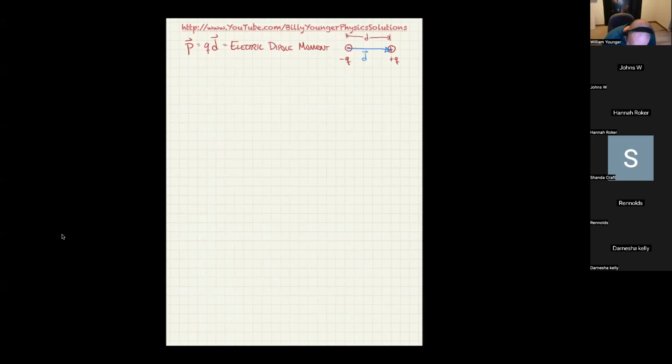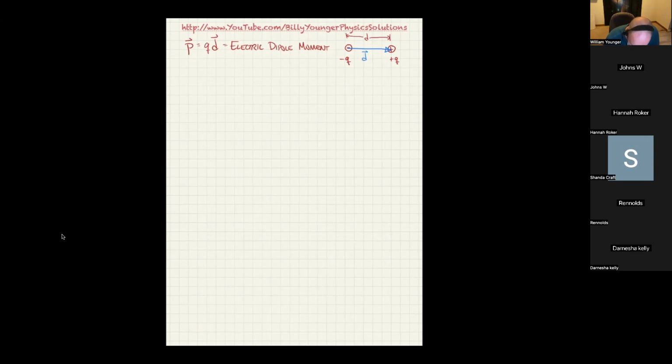Notice it points from the negative to the positive, that is what the electric dipole is supposed to look like. So you take a vector and you imagine it beginning on the negative charge and ending on the positive charge. And the two charges, of course, are equal in magnitude but opposite in sign. Once you have that, then you can just take and multiply the Q times the D, and that would give you Coulomb meters. And that's the units of the electric dipole.